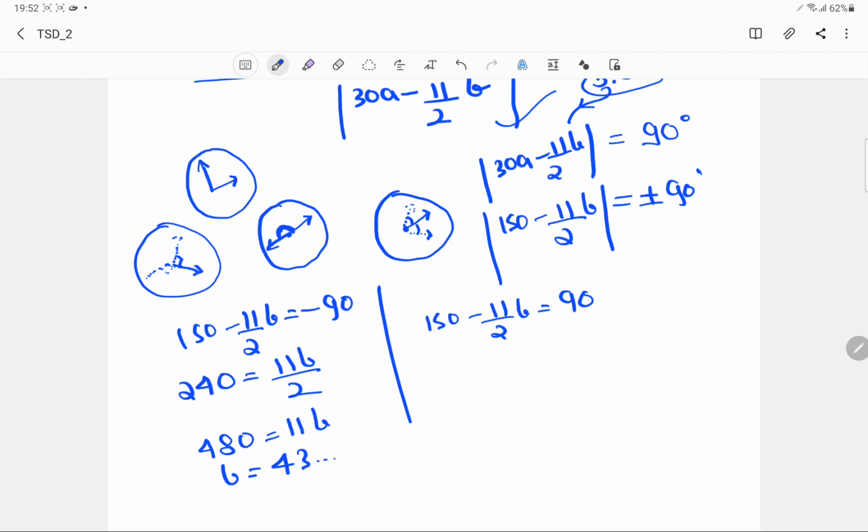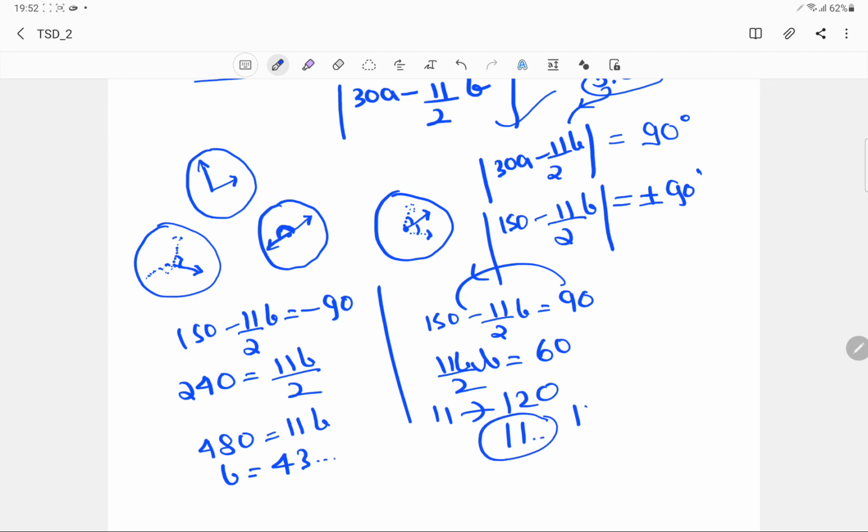And for the other, 11B by 2 is 60, so 11B is 120, and B would be 10 point something.